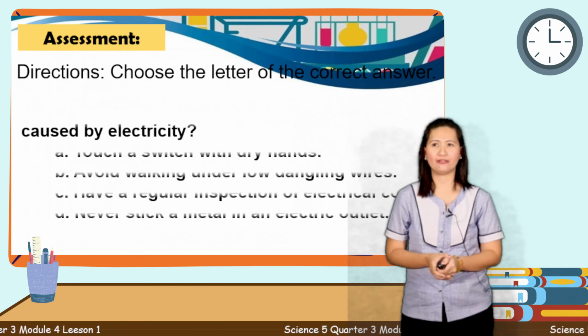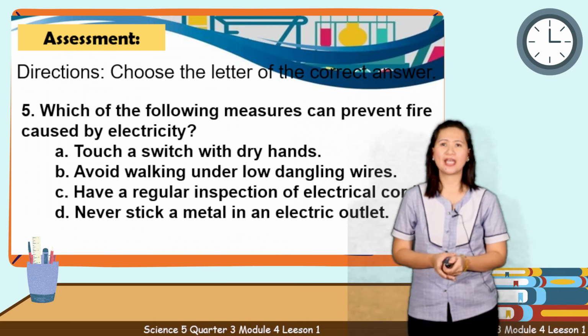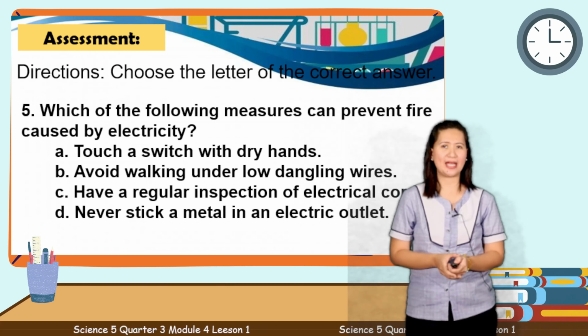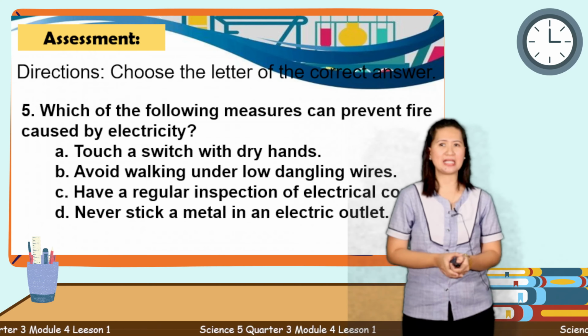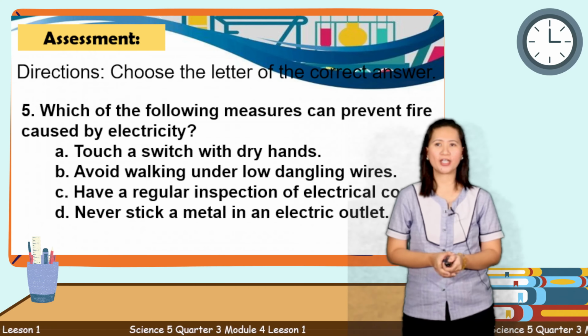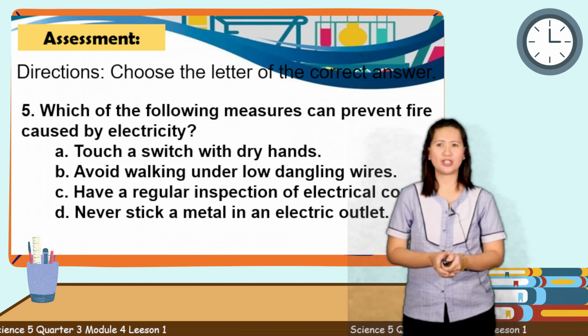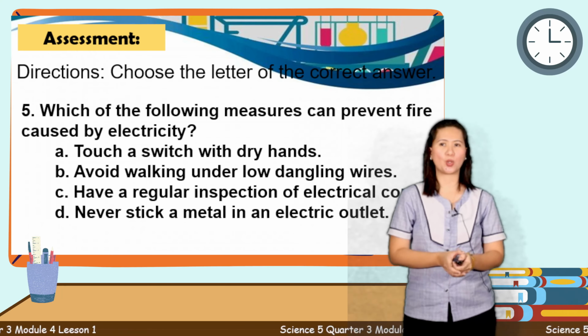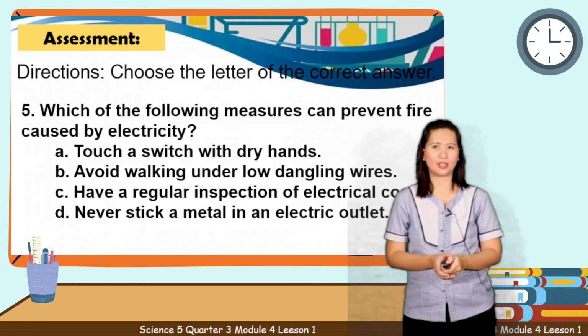Number 5. Which of the following measures can prevent fire caused by electricity? A. Touch a switch with dry hands. B. Avoid walking under low dangling wires. C. Have a regular inspection of electrical cords. D. Never stick a metal in an electric outlet.